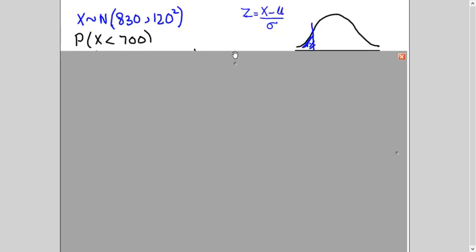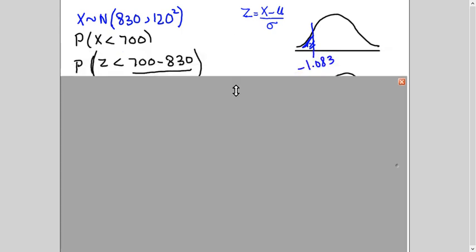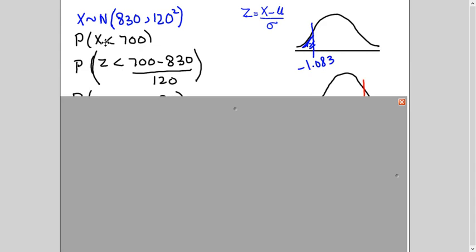Okay. So now let's see it. You must remember when you change x into z, because you use the z table, you need to have z values, and we calculate the z value with the help of this formula. So here, when I'm changing this x value into z, I'm using this formula, x minus mu over standard deviation.